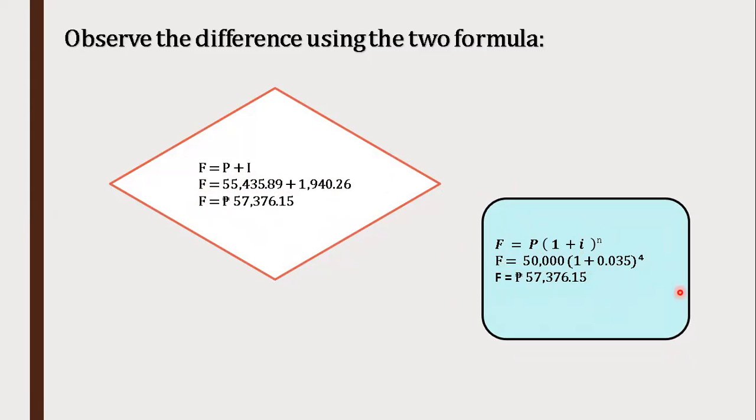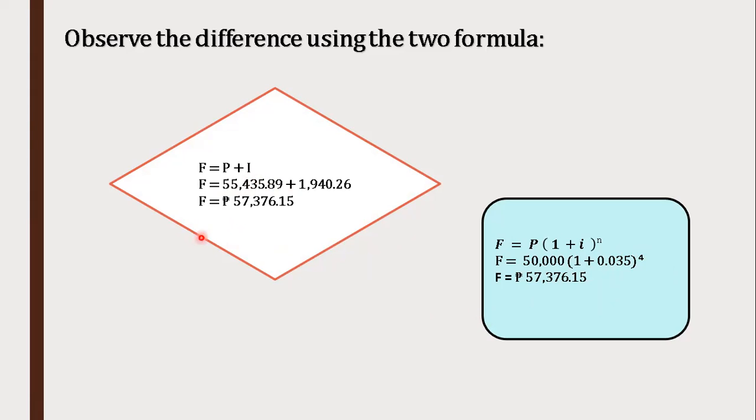If you're asking why is it raised to the power of 4? Because that's the number of payments. We will be paying it for 4 years, which means that's one a year, right? So you have it there 4 and you will get the same answer. And if you're asking, sir, which formula are we going to use?